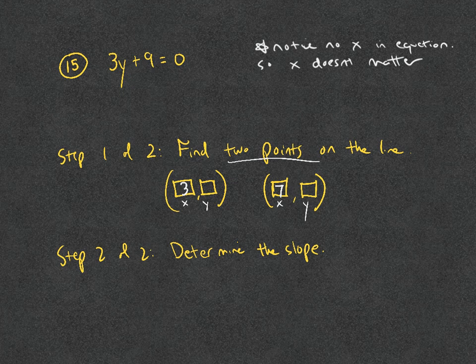And then just like the last one, x doesn't matter, but we do need to solve for y. Hopefully that's not too bad. Going to subtract 9. We get 3y equals -9. And then divide by 3. Y equals -3.